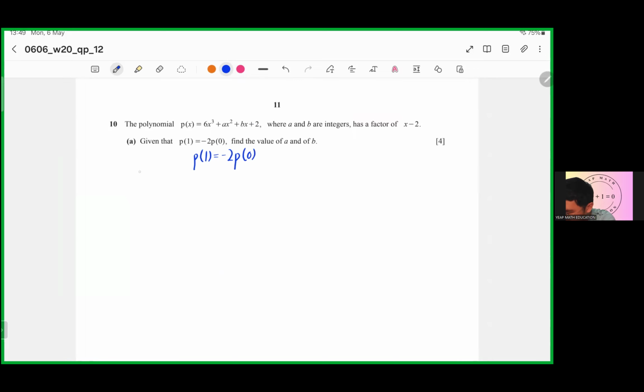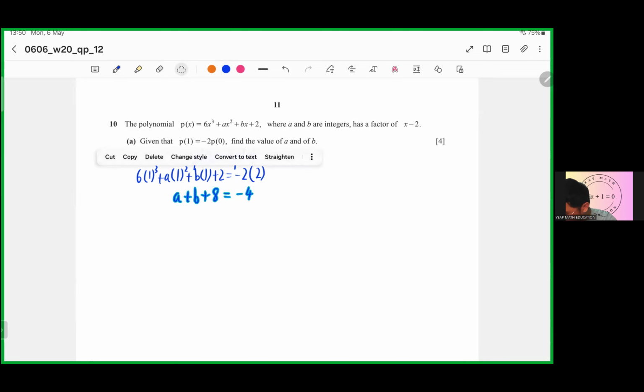So we can write here 6 times 1 cubed plus a times 1 squared plus b times 1, plus 2 equals negative 2 times 2, because this all is 0, so we take 2. a plus b and then plus 8 equals negative 4, so a plus b equals negative 12.